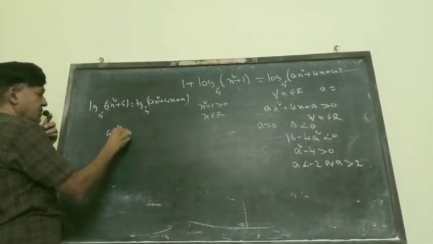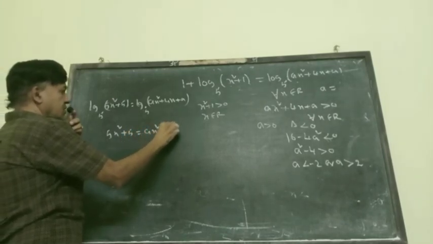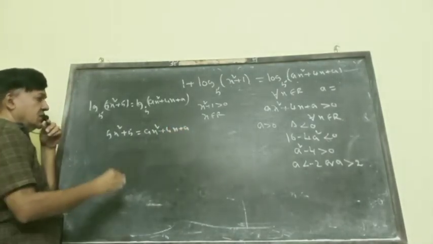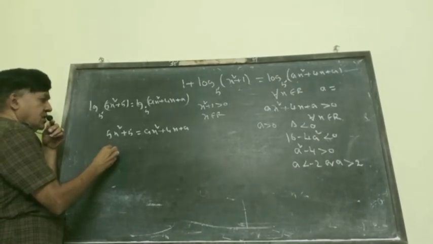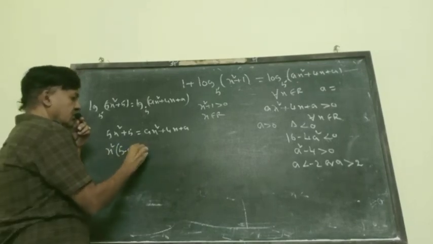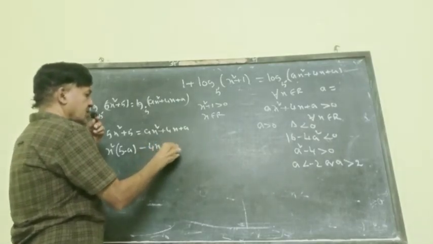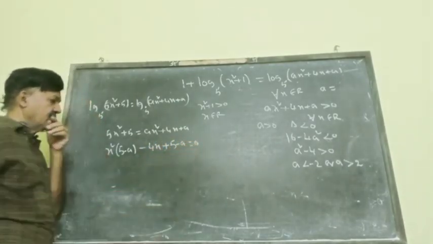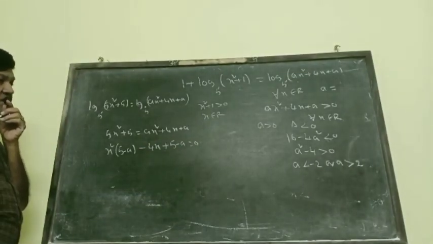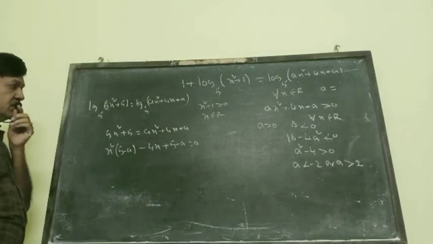So 5x square plus 5 is equal to ax square plus 4x plus a. Right? Now finally x square into 5 minus a, minus 4x, plus 5 minus a is equal to 0. You will get it like this, right?